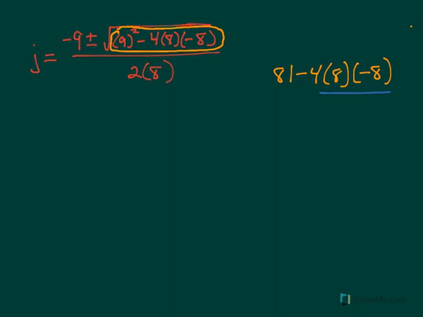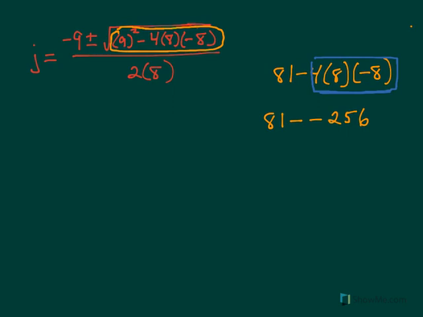So if you do 4 times 8 times negative 8, you should get negative 256. So it's going to become 81 minus, and then the 4 times the 8 times the negative 8 is going to make a negative 256.